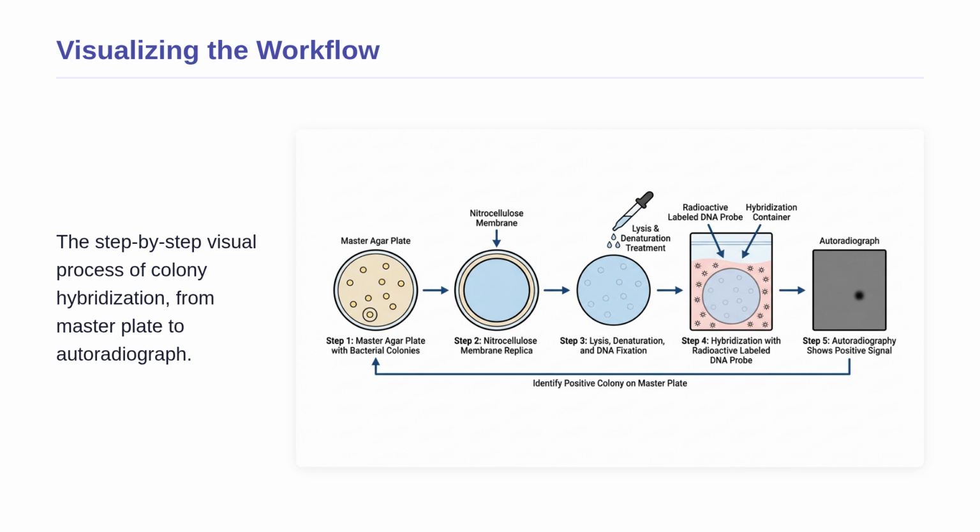In step 4, the radioactive labeled DNA probe is introduced, which seeks out and binds only to the target DNA. Finally, in step 5, autoradiography using an X-ray film captures the radioactive signal as a dark spot. By aligning this film with the original master plate, we can easily identify and isolate the exact colony that contains our gene of interest.